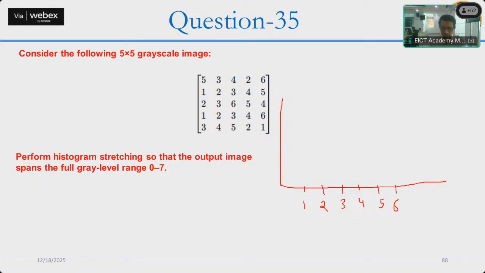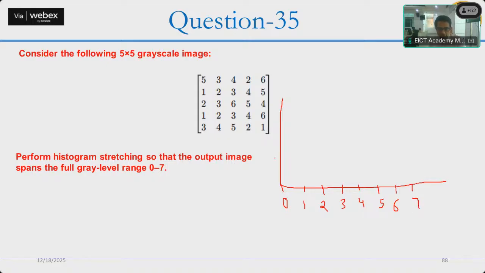Even 0 is also here. And even 7 is there, but the 7 value is not present.